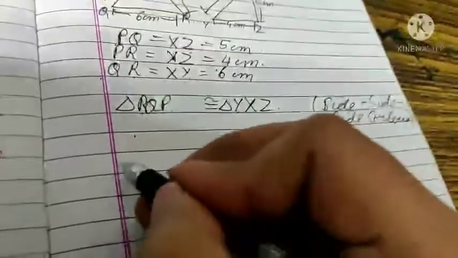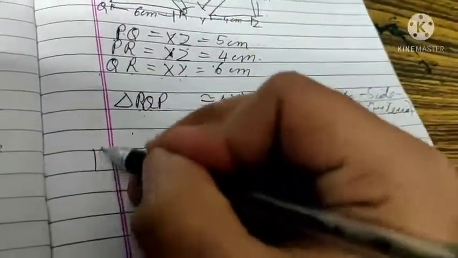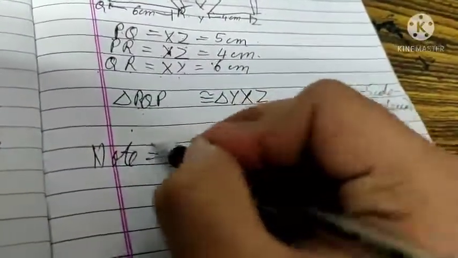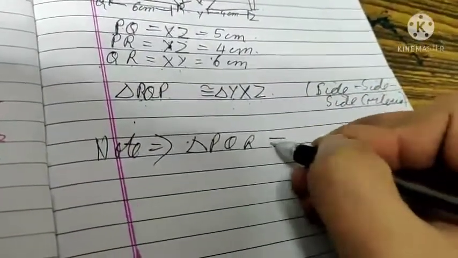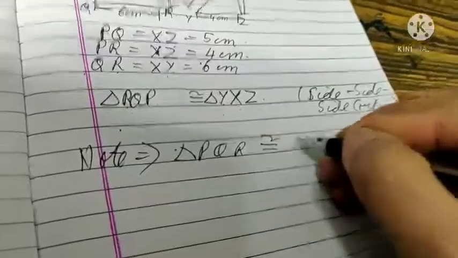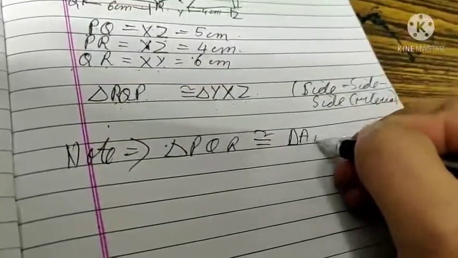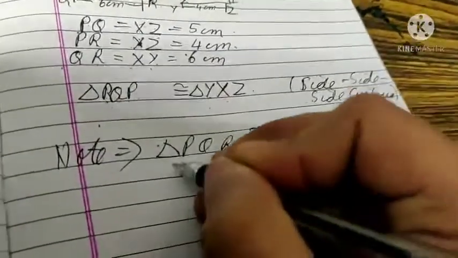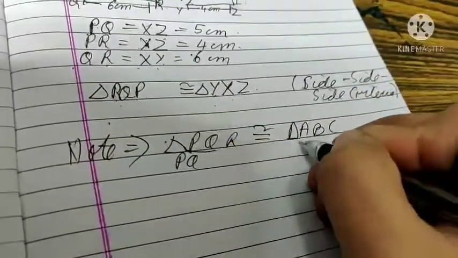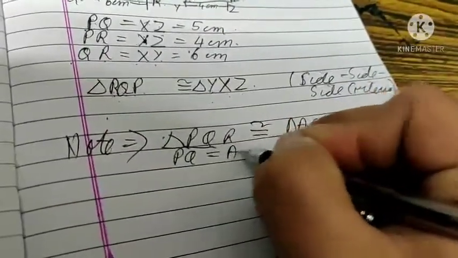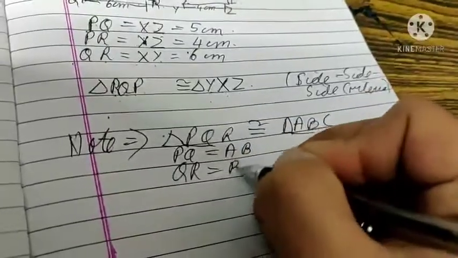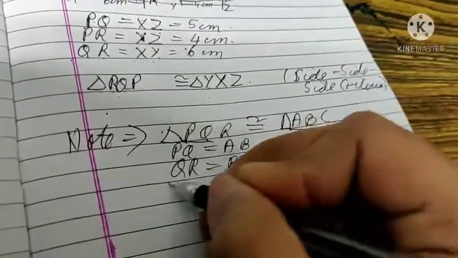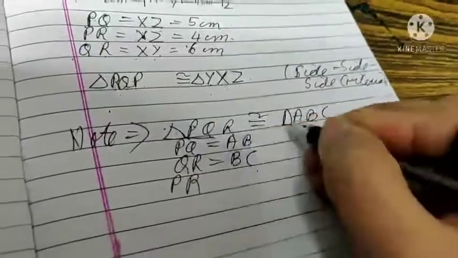I just want to tell you that if it is said that triangle PQR is congruent, this is the symbol for congruence, to triangle ABC, this means that the first two will be equal to the first two, QR will be equal to BC, first and last will be equal to first and last.